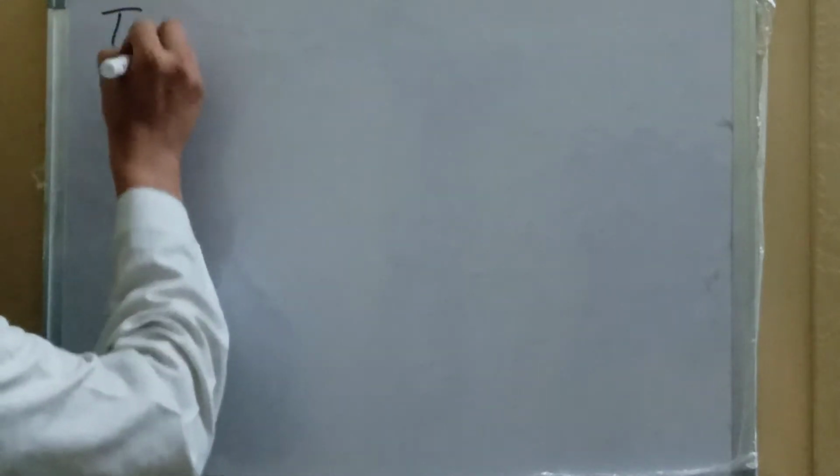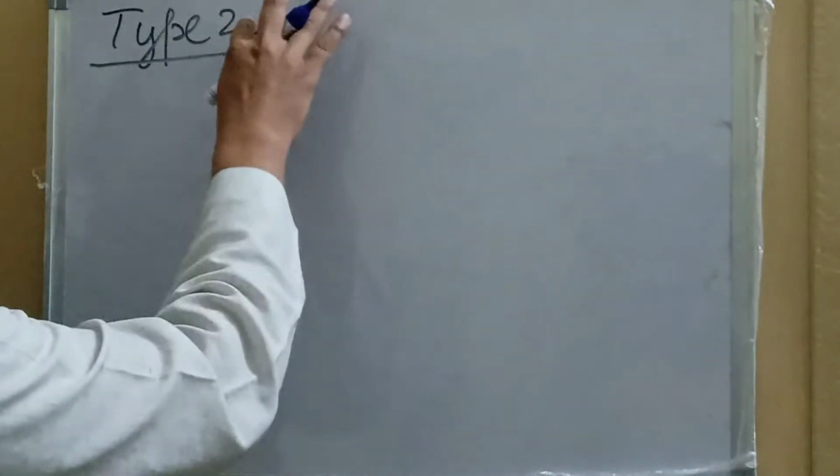In this video we will be discussing the numericals related to basic soil properties. Already in the first video, part 1, we have discussed the type 1 numericals. Now today we will be discussing type 2 numericals.